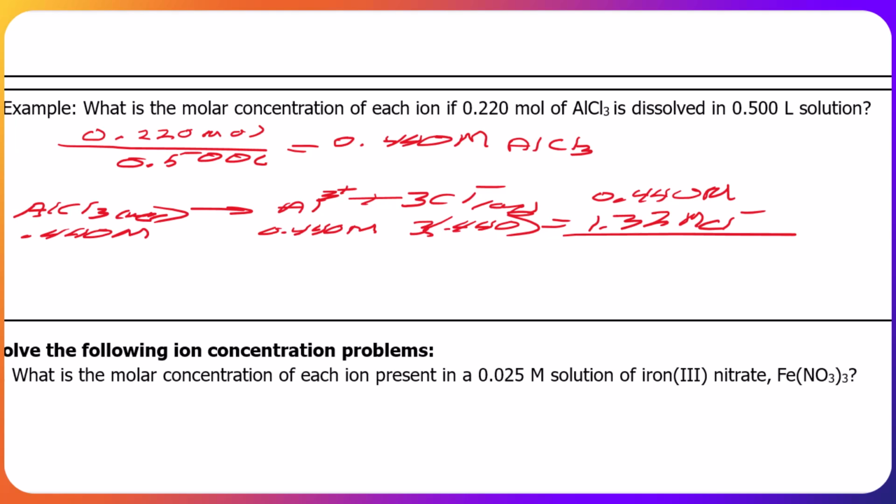And that gives me 1.76 molar. So I now have a 1.76 molar concentration of all ions in solution. So we call that the total ionic concentration.